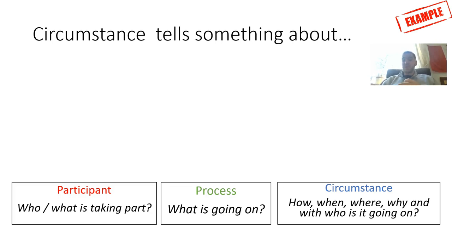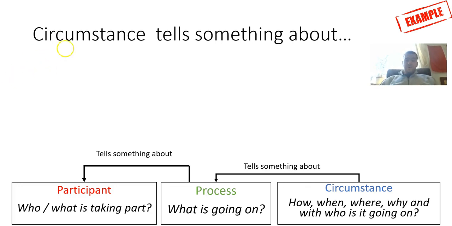This is usually a verb, which is basically process. Then there is circumstance, which answers the question how, when, where, why, and with who is the process going on. These are the three categories which we can use to describe English grammar.